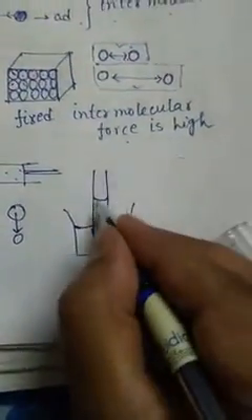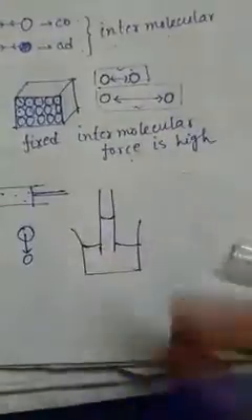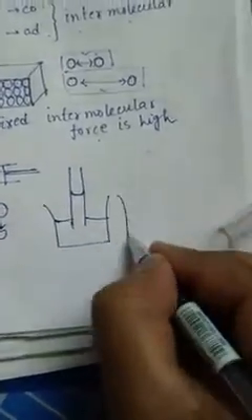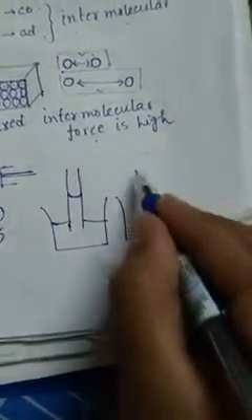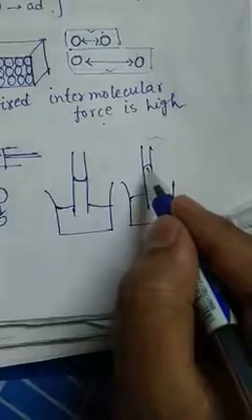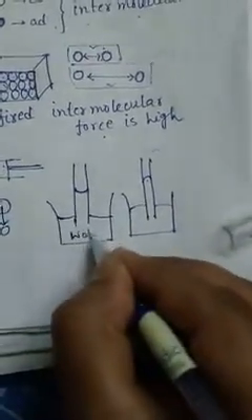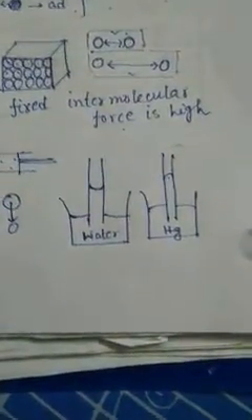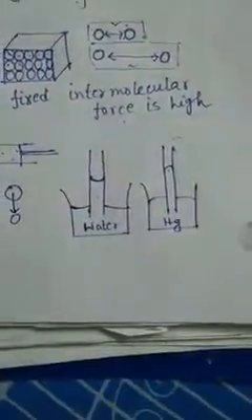The upper surface of the liquid looks like this, sometimes like this, and if you take mercury instead of water, the upper surface will look like this. So you will find a concave surface here and a convex surface here. Let's say this is water and this is mercury.